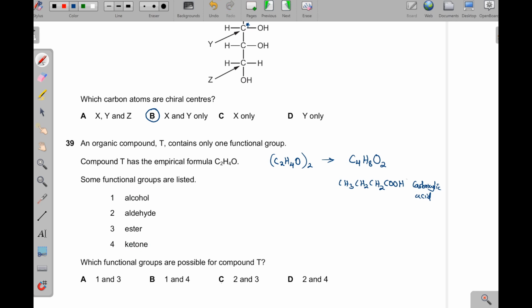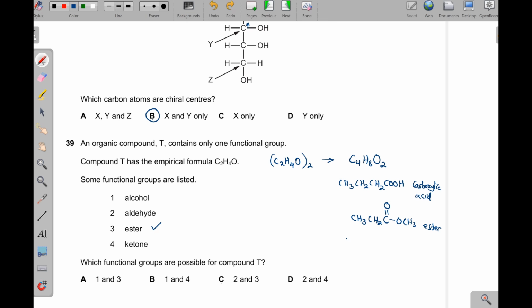Now, I can transform this into a compound that has 2 oxygens, for example, an ester. Then I have something like CH3CH2COOCH3. This is an ester. So if this is an ester, then we can see it here. I've multiplied by 2, and any number that you multiply by is going to give you more oxygens.